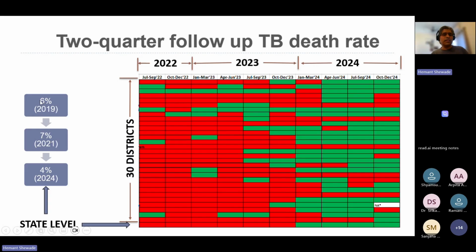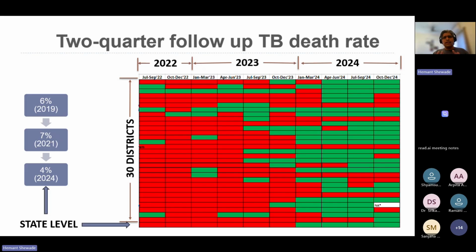If you look at the TB death rate by annual diagnosis cohorts, it was 6% in 2019, 7% in 2021, and 4% in 2024. So even if you ignore the 7%, assuming 6% was the baseline death rate, we were able to document a 20 to 30% reduction in TB death rate.